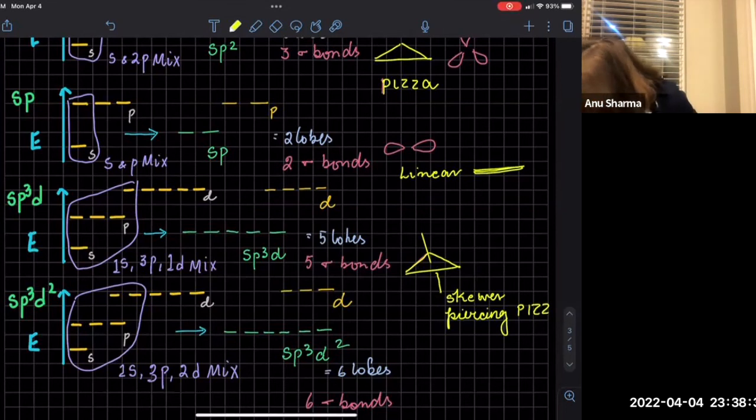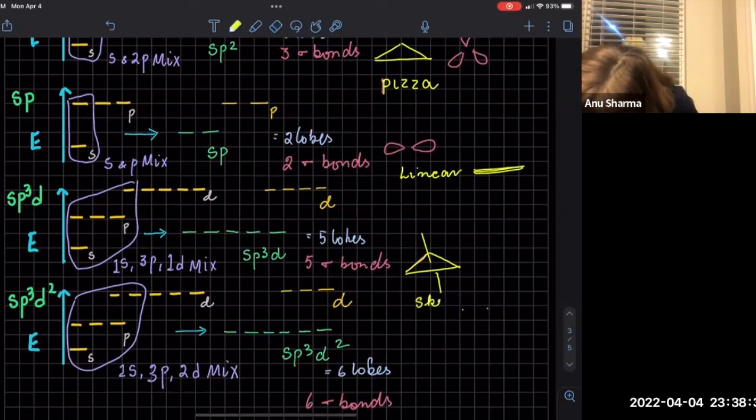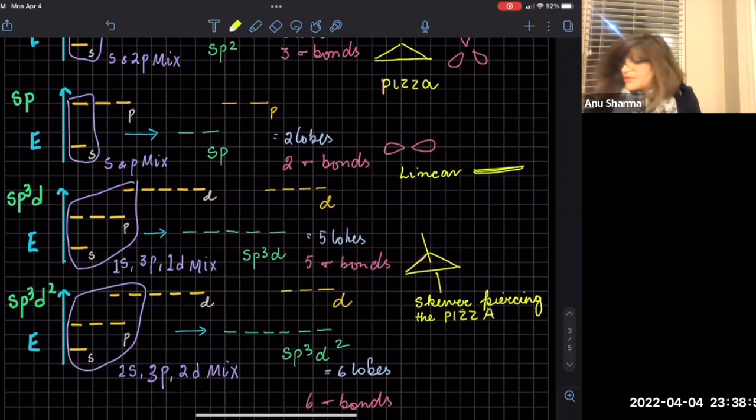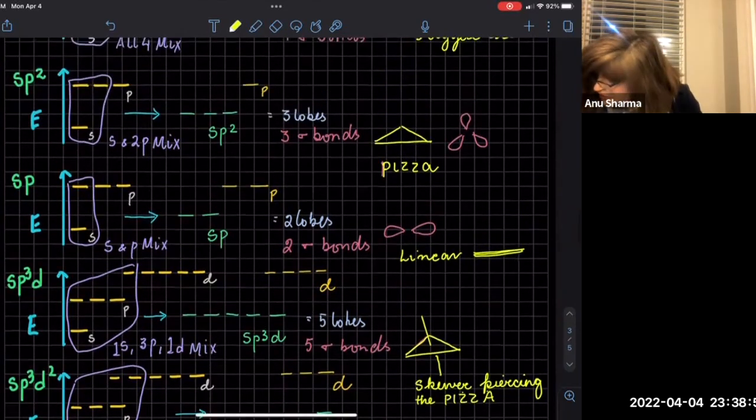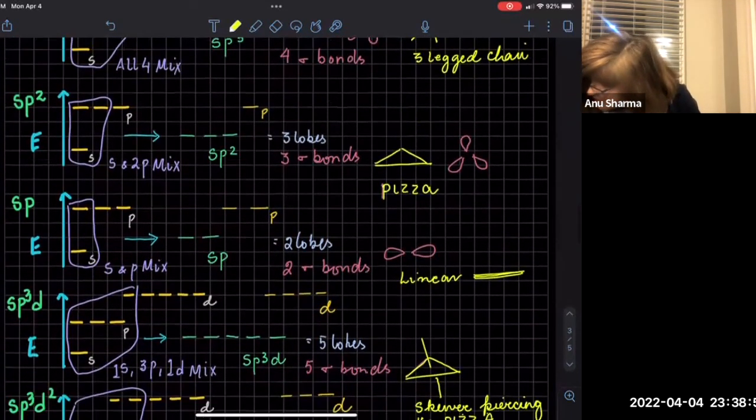It's very important you get these shapes correctly. Skewer piercing the pizza. Okay, and this is linear, like a rod.